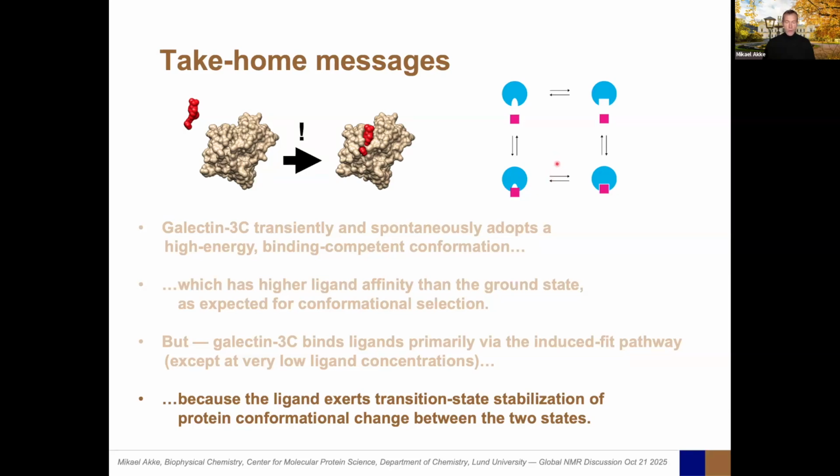So the ligand lowers the free energy barrier in going from this state to that state, but it does it even more so when the ligand is associated to the protein. So this process here has a lower transition barrier than this, and that's the reason why it binds via the induced fit pathway, even though it has all the other characteristics of why it could bind via conformational selection.